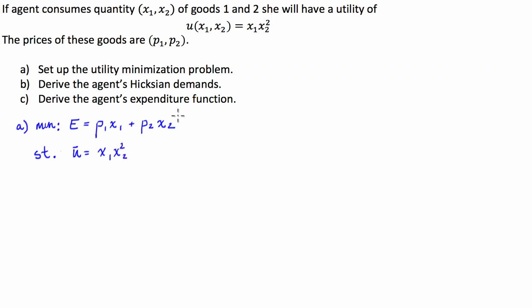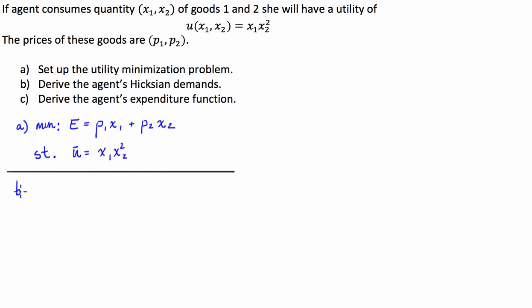So basically we're asked to minimize the amount we spend given a fixed utility, which is given by the consumption of the goods in this manner here. So that is part A. It wasn't very complicated, but the question will complicate itself very, very quickly. So no need to worry.